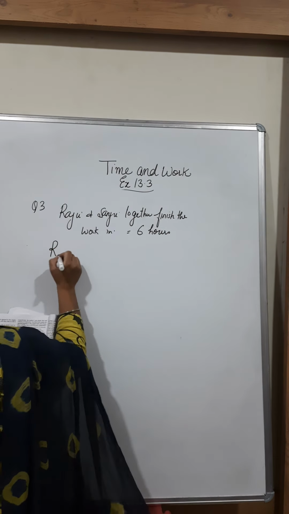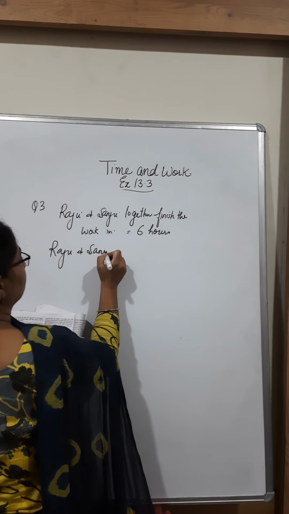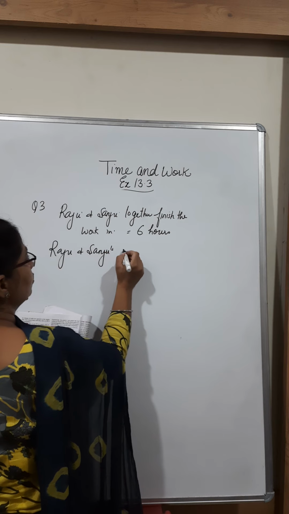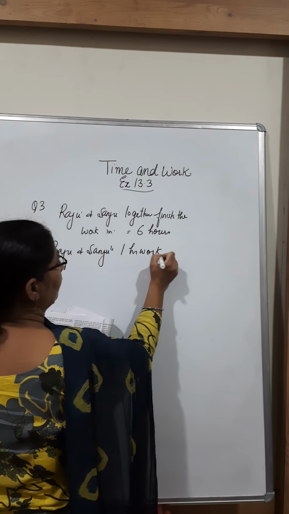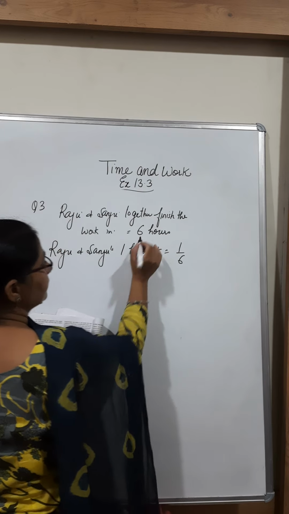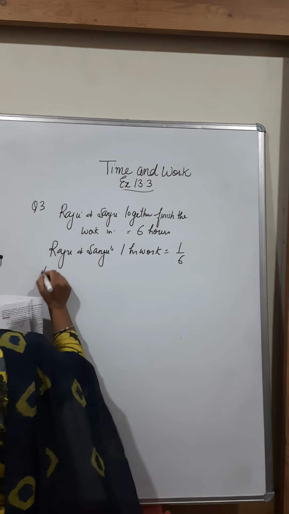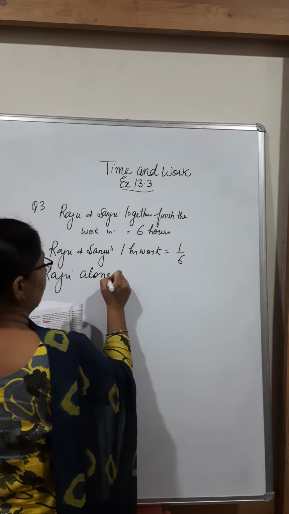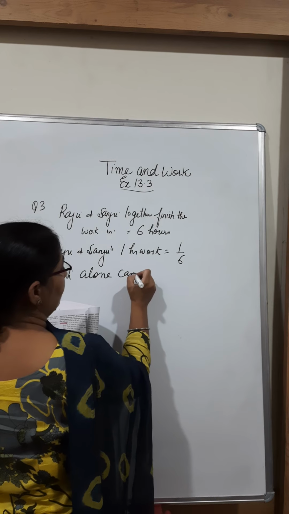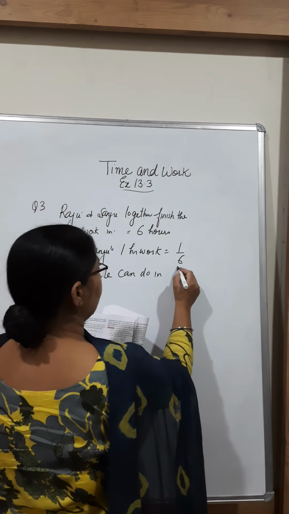So Raju and Sanju's 1 hour work, what will it be? It will be the reciprocal of 6, which is equal to 1 by 6. So Raju alone, akela, can do it in how much time? 15 hours.